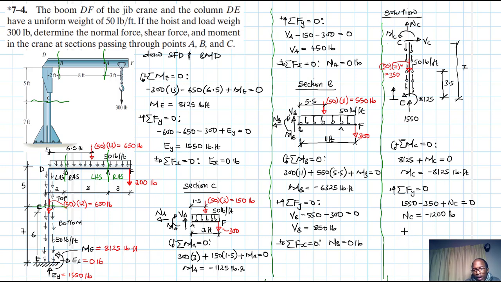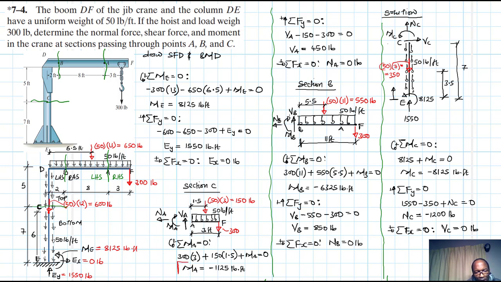Great. And then finally, we have summation of forces in the x direction equal to 0. And in this direction, VC, which is the shear, is just going to be equal to 0 pounds. All right. So we've found everything for the sections.